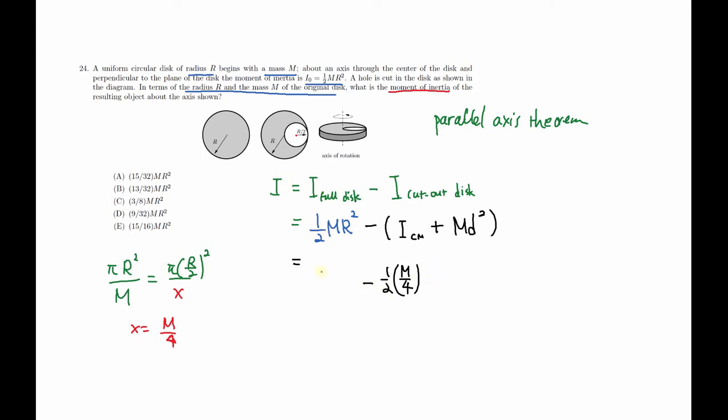And then, let me first finish this. I'm going to distribute the minus sign, and this mass is still pertaining to our cutout disk. Oh, I forgot the radius, right?